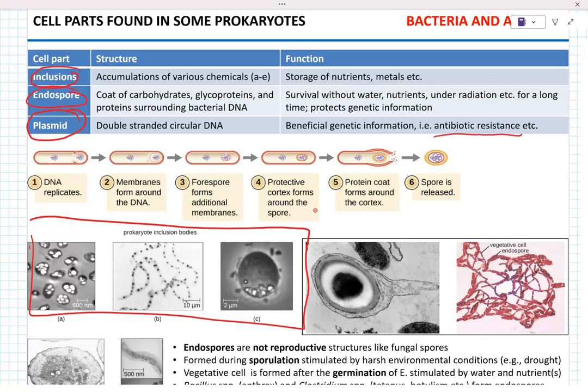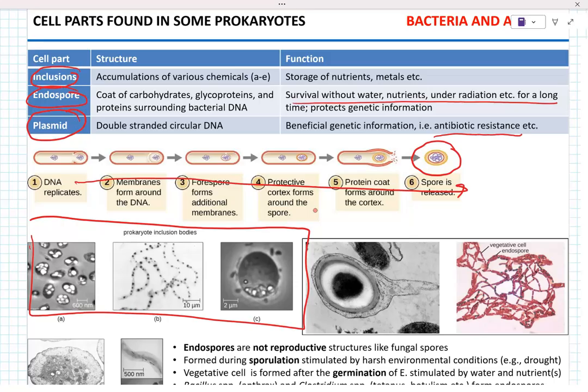And then we have endospores. Endospores are a very sturdy structure shown here that are formed under harsh environmental conditions. During sporulation, the formation of endospore, genetic material of a cell is protected by multiple layers from pretty much any environmental challenge.